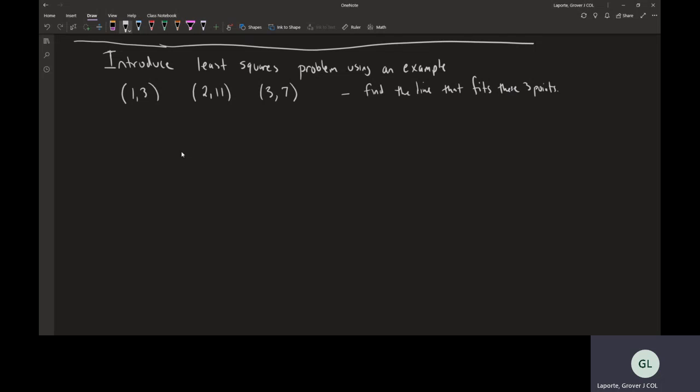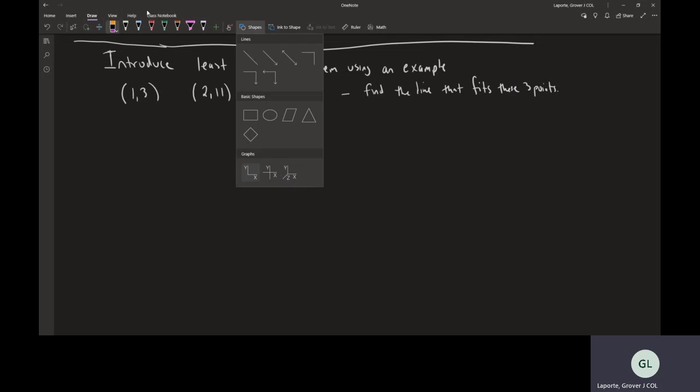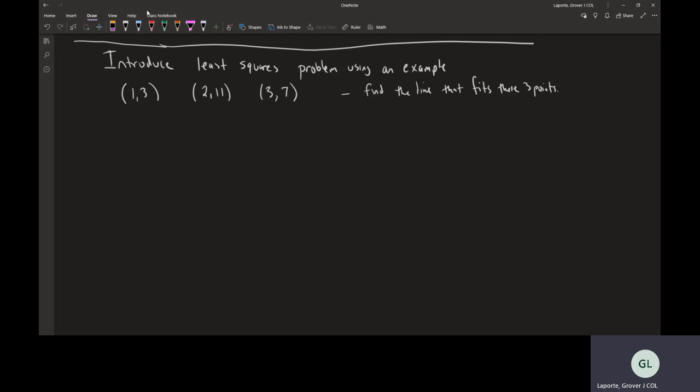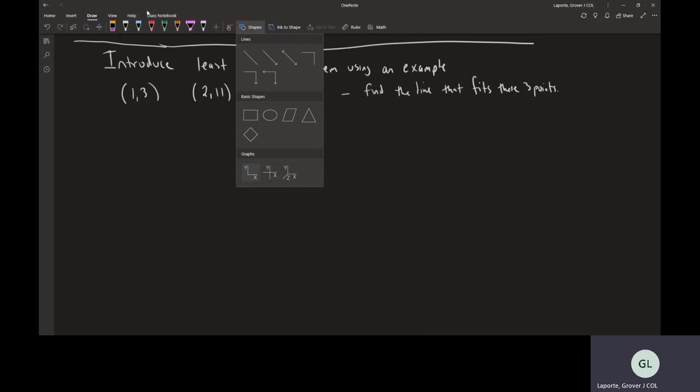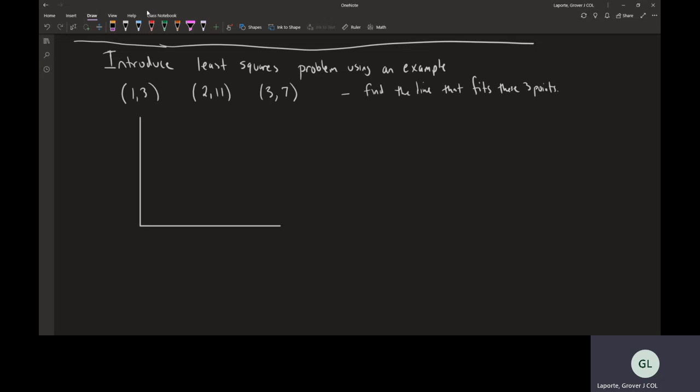So let's get an idea pictorially, or graphically, what that looks like. Tell you what, let me delete this. Let me see if I can insert a shape. I started in the wrong spot. Let me delete that and start up here. Oh yeah, very nice.